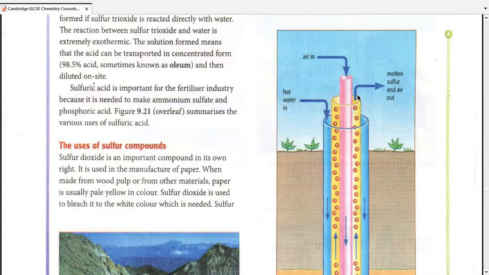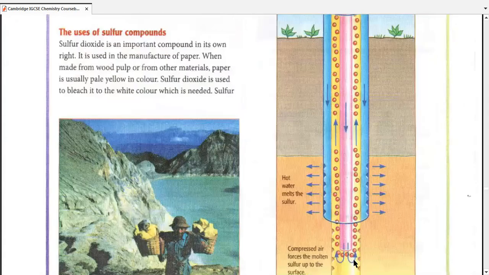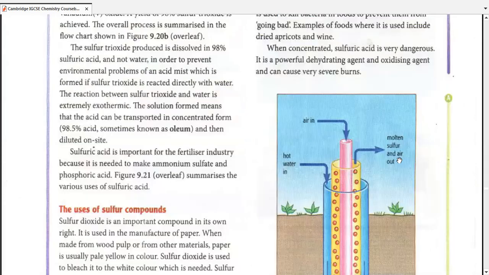Remember, we don't just simply push the air into it, we send compressed air into it. Okay? So the air goes inside. When the air comes back out with the pressure, it also takes sulfur molecules with it, and molten sulfur and air comes out from the intermediate pipe. Hence, this entire hole can be bifurcated into three parts and three different pipes: the blue one, the yellow one, and the pink one.